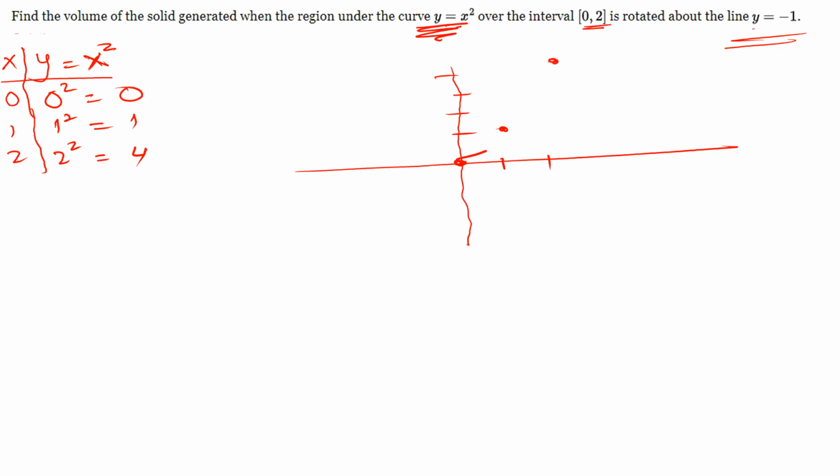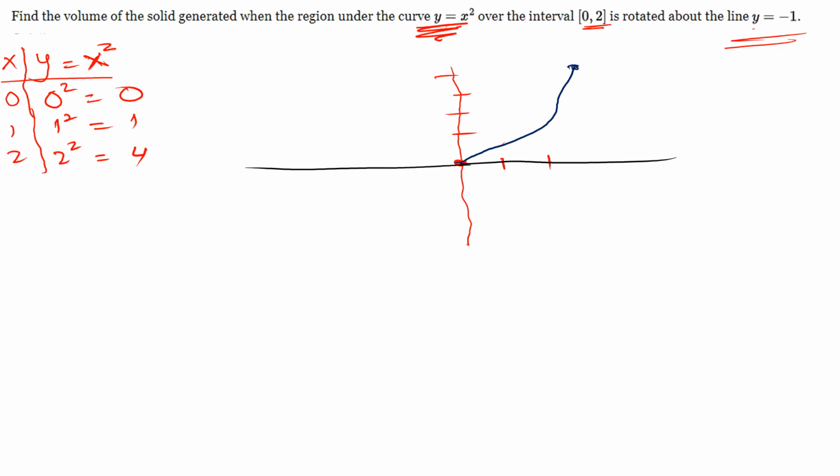So that is my kind of graph. Let's try to make it properly. So 0, 1 and 4. A kind of like this.